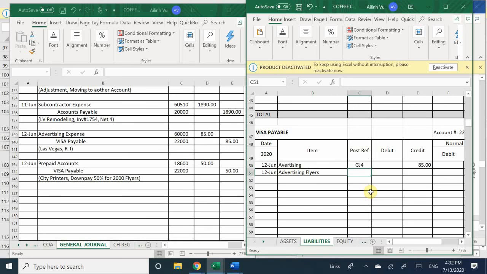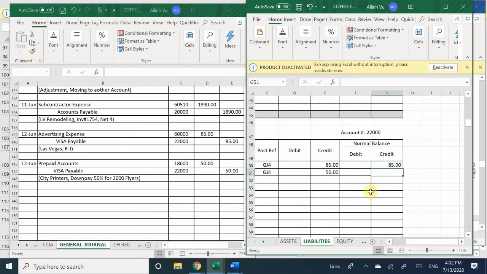We know it's for general journal number 4, and we increased it by $50, which now our new running balance should be, you're going to take your original credit amount, add your credits, and subtract any debits. And you should get 135. Yeah, 135. And I'm going to pull this all the way down.